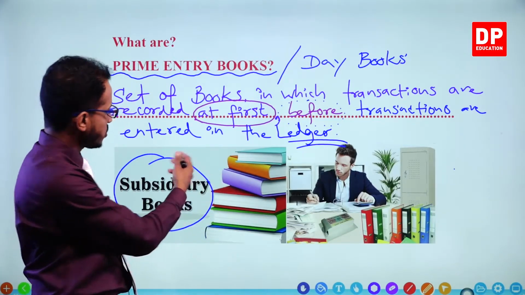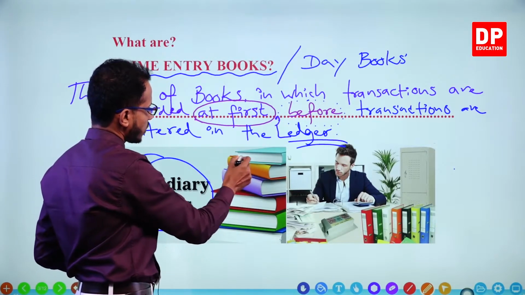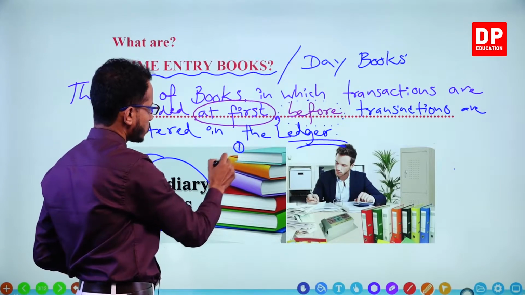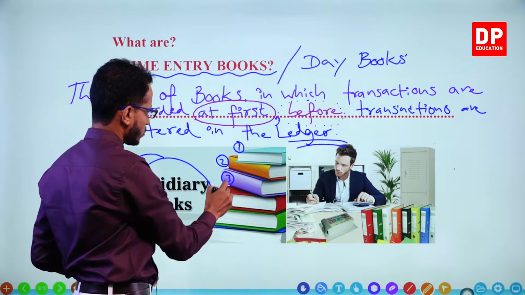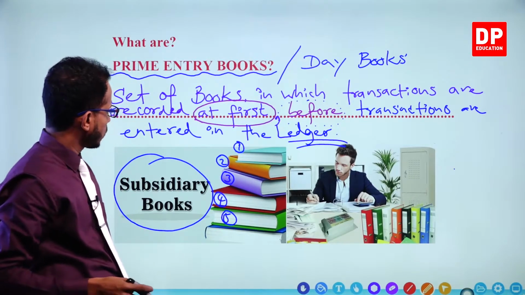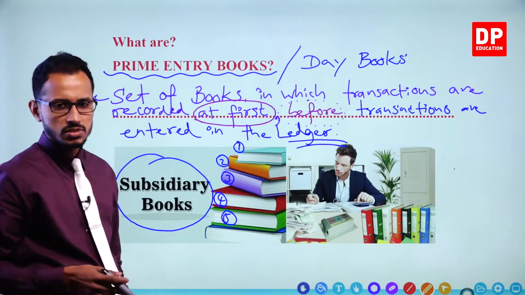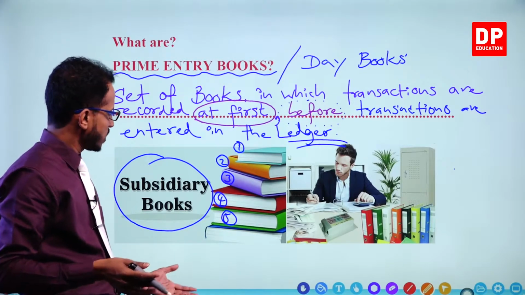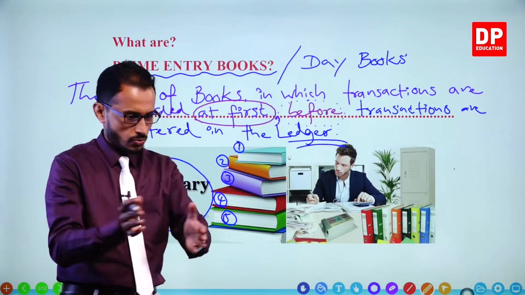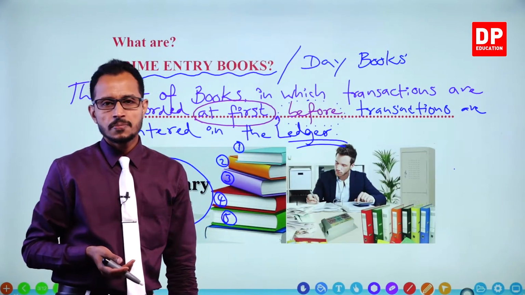So as you can see, children, the books are various, right? Different books in different colors. It's easy to keep separate books for different types of transactions.